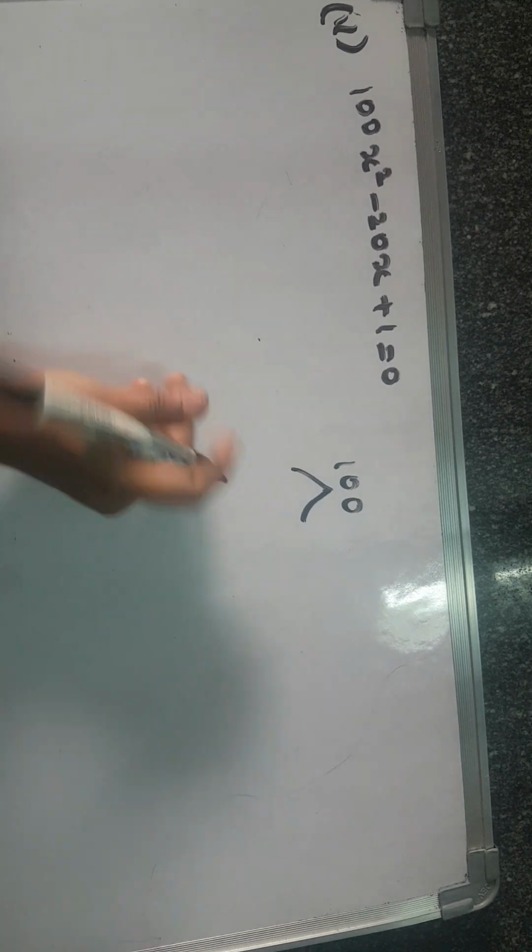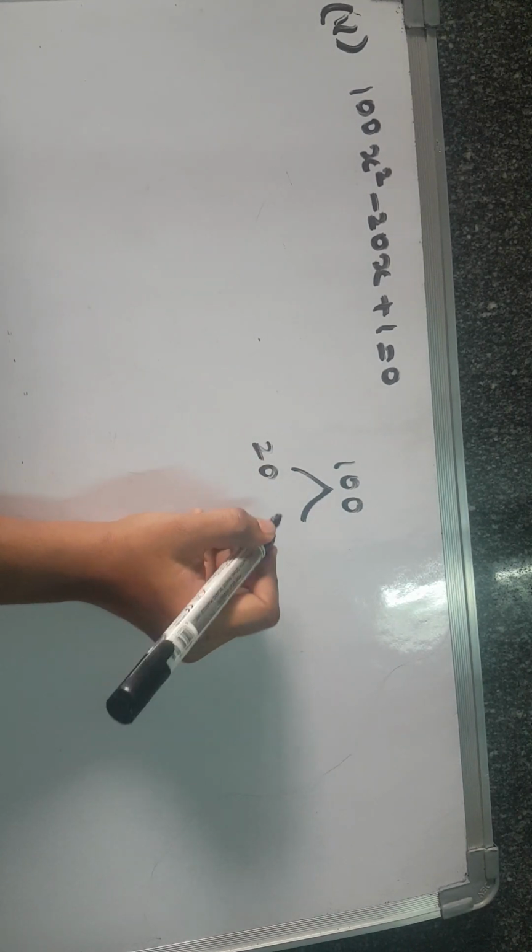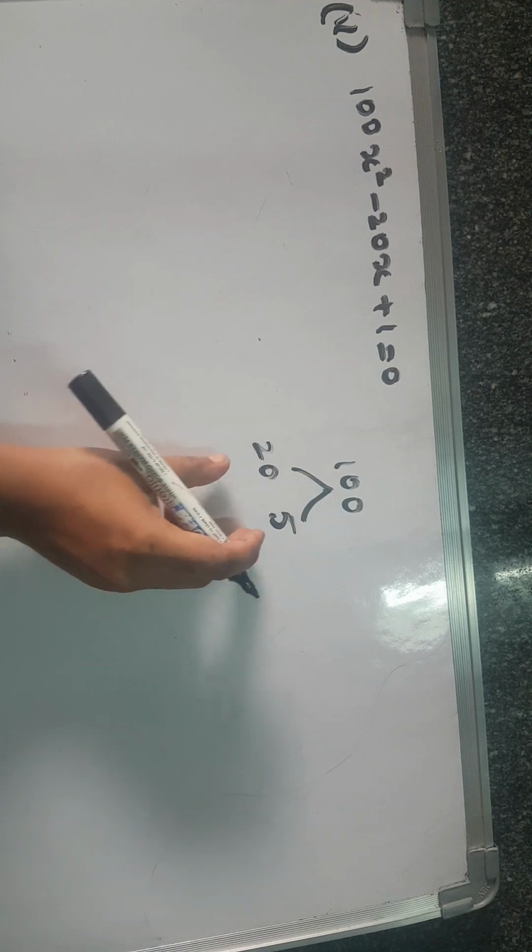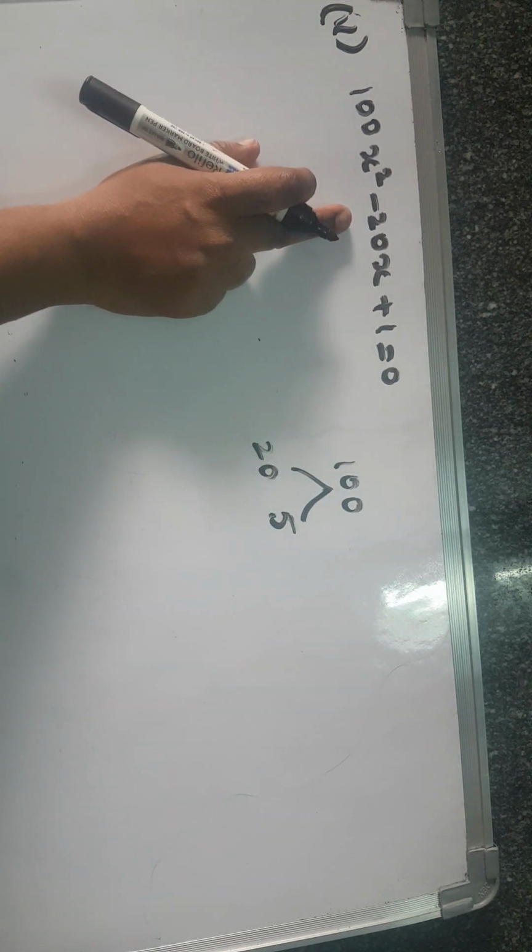Take the factors of this. 20 into 5 is 100, but 20 plus 5 does not give the value 20.